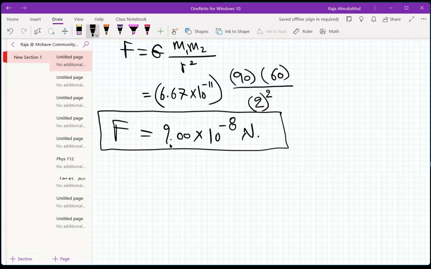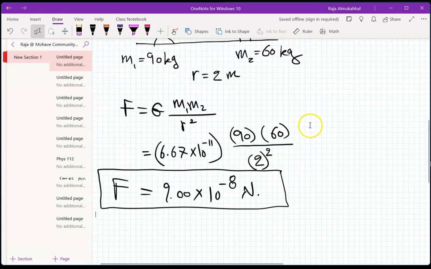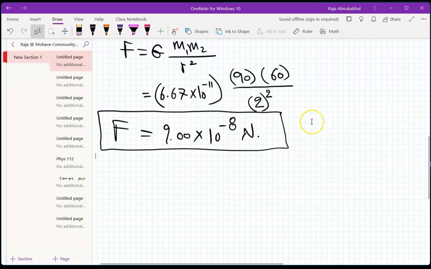Okay, what I'm trying to say is that Newton's gravitational law, this formula right here, the force law, is really insignificant in our daily lives because the gravitational pull by its own nature is a weak force. As a matter of fact, it's so weak, let me explain it to you.